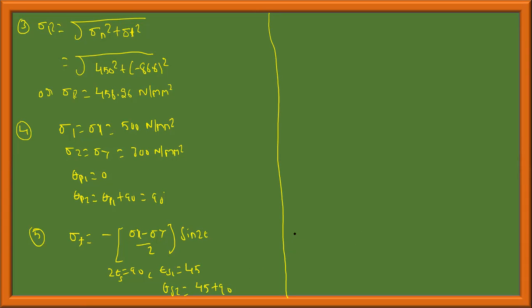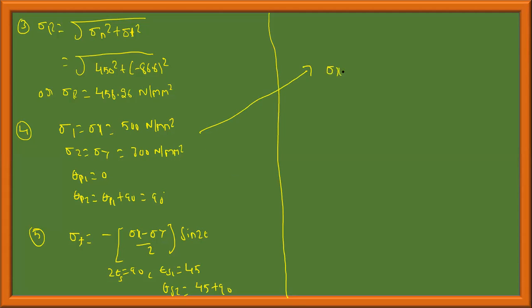Or you can also follow my method. When theta p1 is 0 degree, it is neither plus nor minus. See, here I'll come back to here.